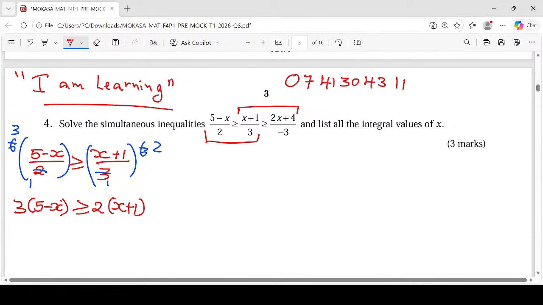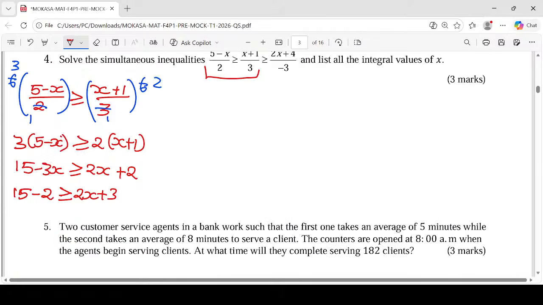Upon opening the brackets, we are going to have 15 minus 3x is less than or equal to 2x plus 2. Let's collect the like terms. Is it really 2x? No, this should be 2 plus 3x, not 2x plus 3.